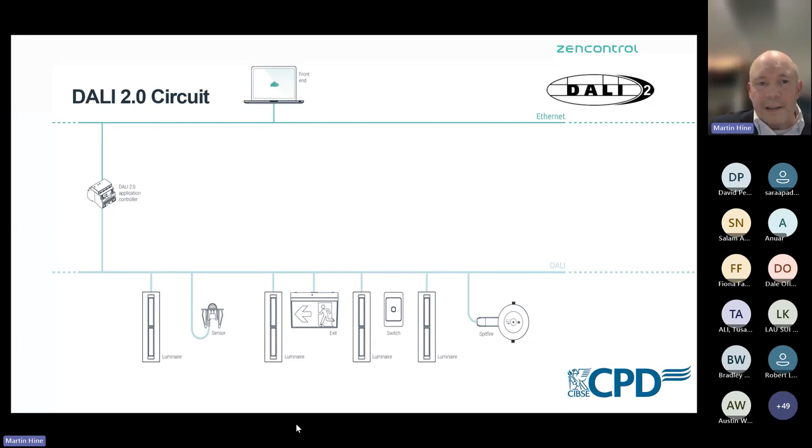And also the data from the application controller can be exported to other systems such as the BMS or smart enablement systems over the cloud. And these may require different protocols from the application controller over the network, such as BACnet protocol or MQTT.